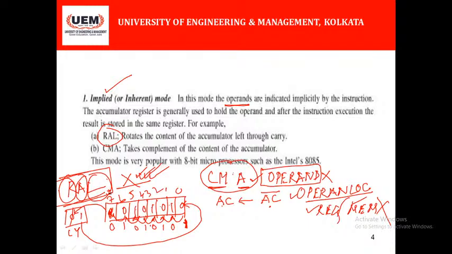That's why we can imagine that all the operation will be done in the accumulator. As with CMA, all the operations are done with the accumulator. Here also all the operations are done in the accumulator. So this is implied. The accumulator is not specified in the instruction, it is implicitly specified. The user, programmer or computer will automatically understand when CMA or RAL is written.